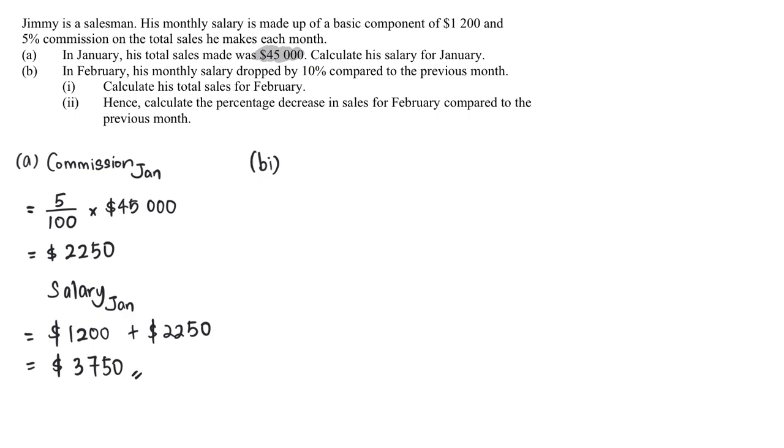So since it dropped by 10%, it simply means that the monthly salary for February will be equal to 90%. Why 90? Drop by 10% means minus 10%, and this is of the previous month's salary.